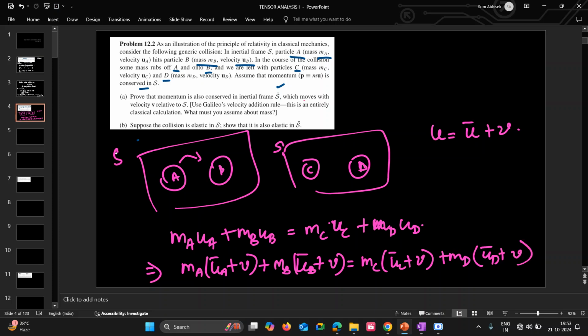What is this V? V is the relative velocity with which S bar moves with respect to S. So that's why V is constant for everything. So let's open this.